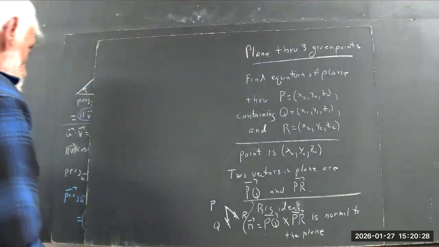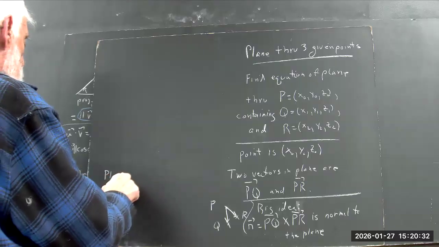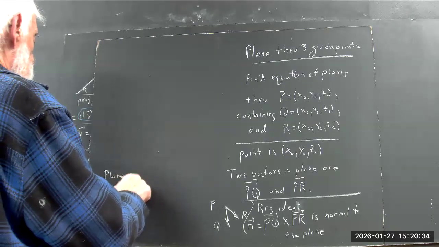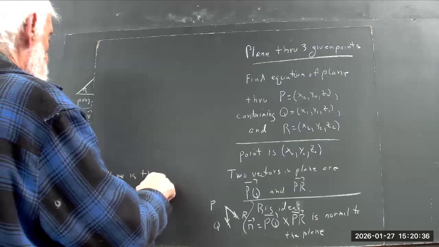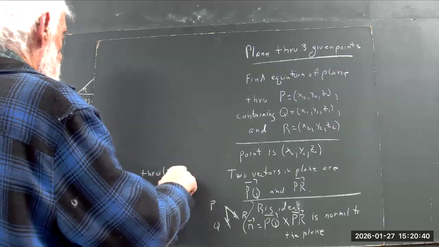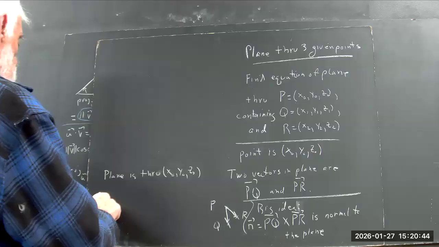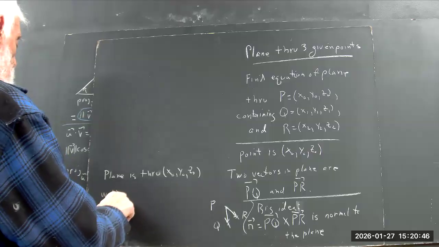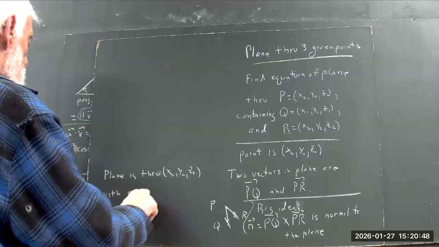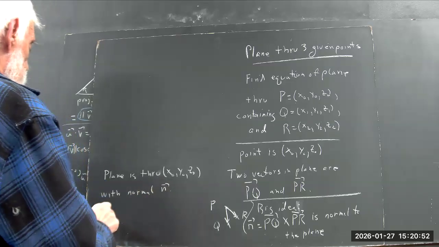So we find the plane through x naught, y naught, z naught, with normal vector n.